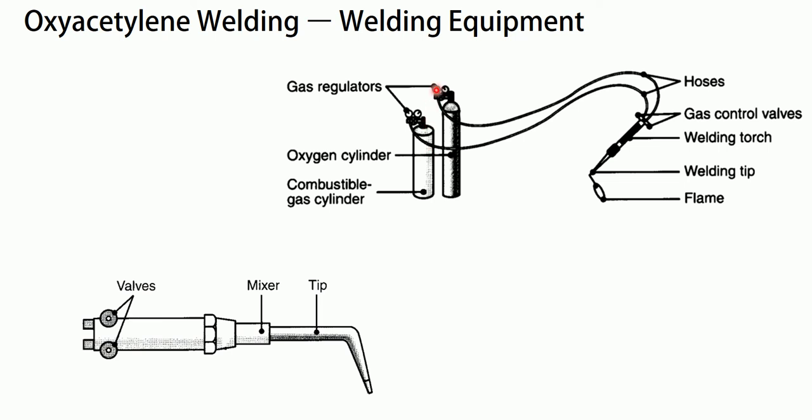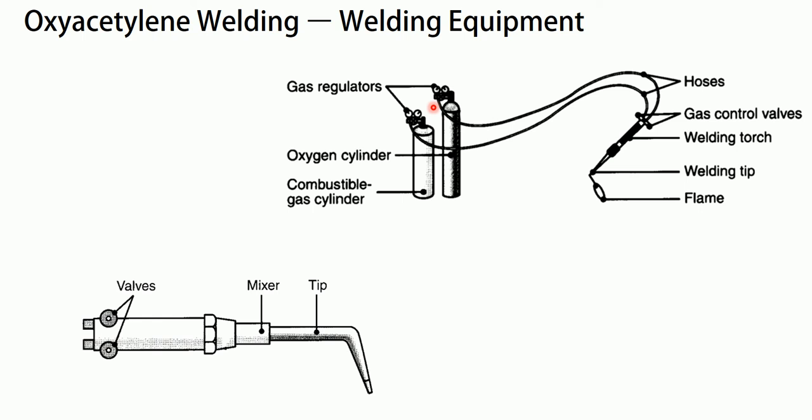Now with the help of these two hoses, the gas is taken out. Here at the tip where the gas is taken from the cylinder, a pressure regulator is used, which maintains the pressure of the gases coming out of the cylinder. These two gases can be used in different proportions with the help of these two regulators.